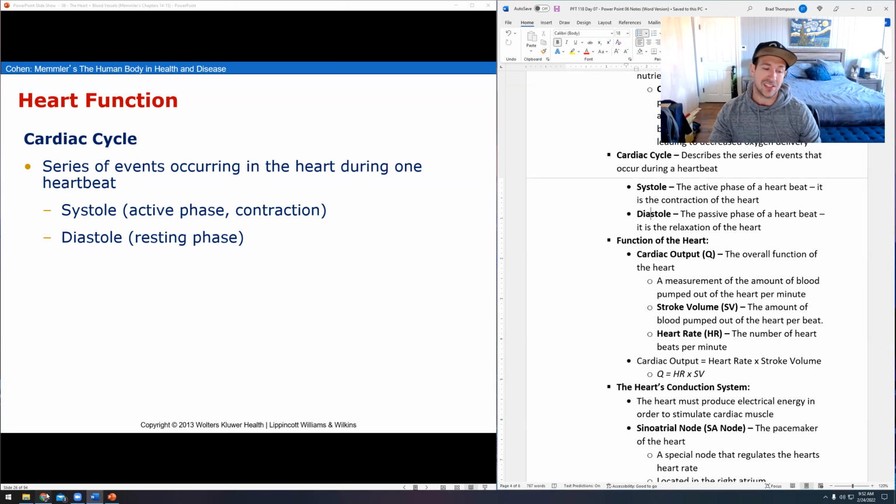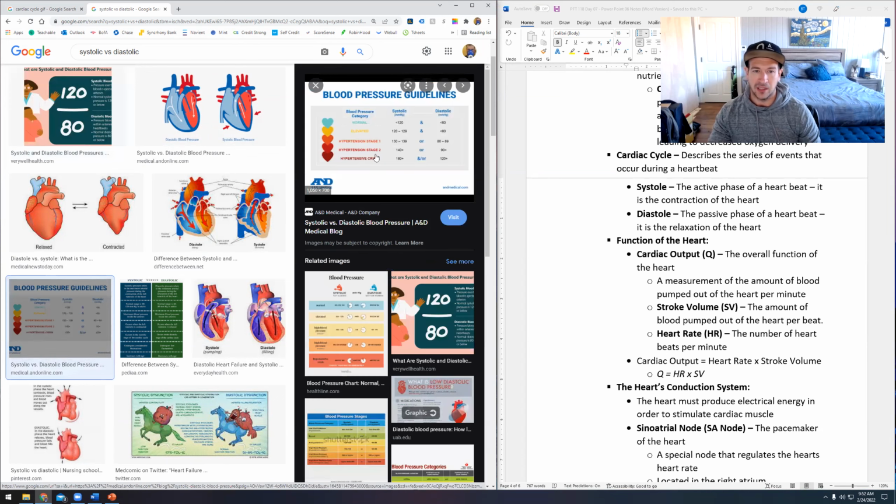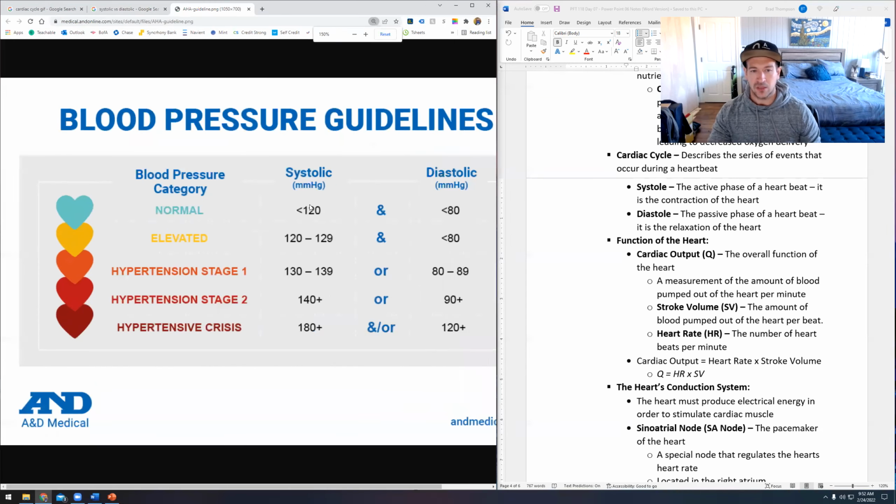So we have our systolic blood pressure up above, and our diastolic blood pressure down below. Ideally, we want our blood pressure to be around 120 when the heart is squeezing, right? Obviously, when it's squeezing, there's a higher amount of pressure. And we want it, when it relaxes, to be somewhere around 80.